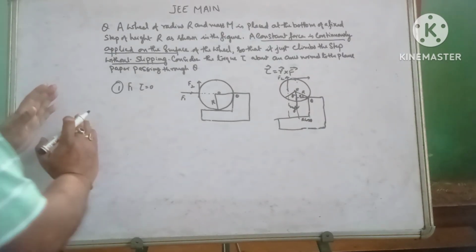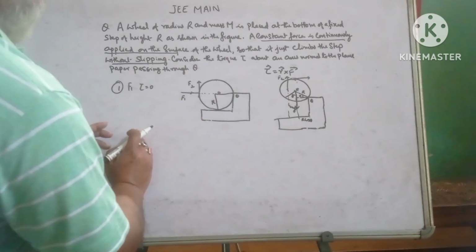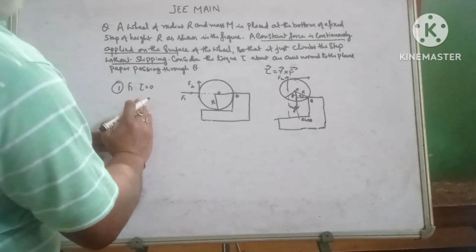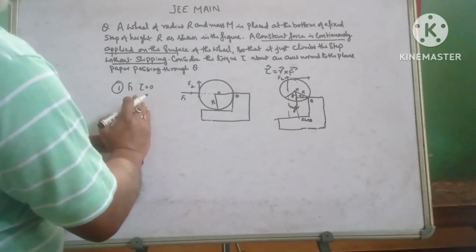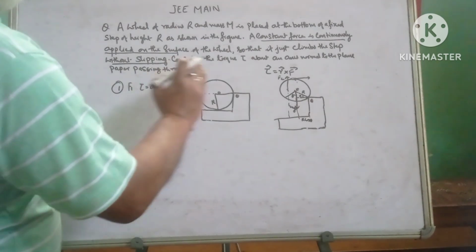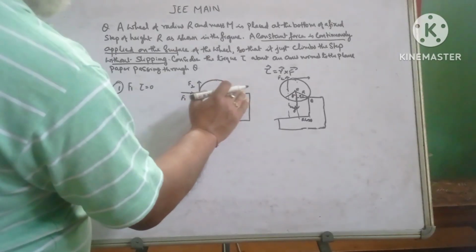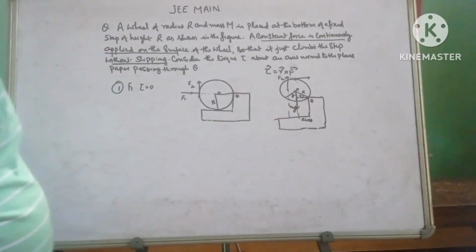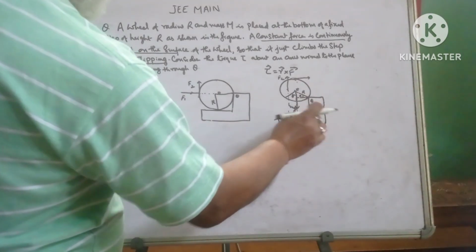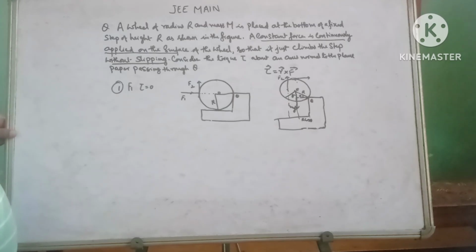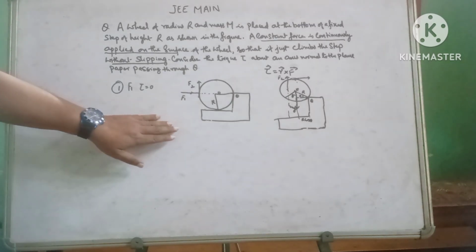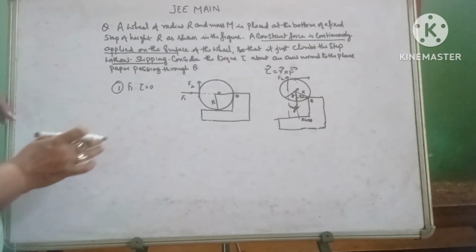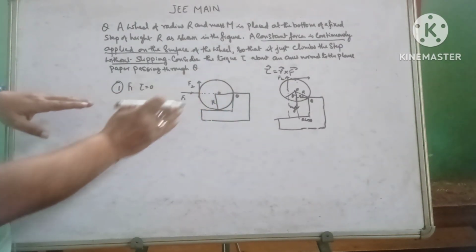That means this is the wheel. You are applying a force upward, and then the wheel has moved to this position. That means it has rotated through an angle theta. So this length will be r cos theta. So what is the practical application? If you want to move a wheel on a step, if you apply the force like this, the ball won't move upward.